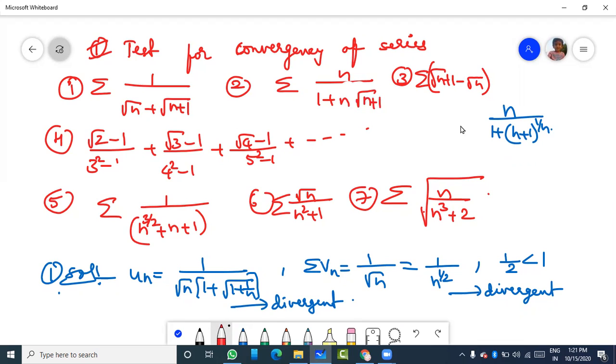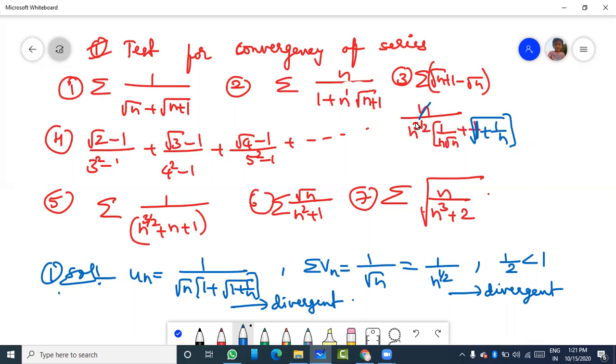Then here we can take n power 3 by 2 common. N power 3 by 2 is common here, 1 by n root n plus 1 by n power 3 by 2 into 1 by n root n plus... n is outside, root n is also outside, 1 plus 1 by n under root.